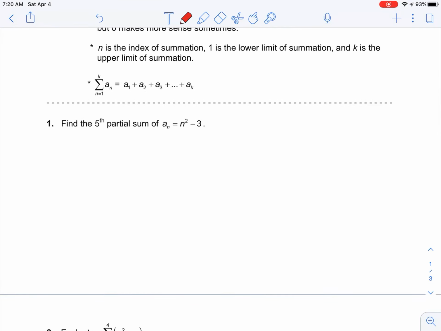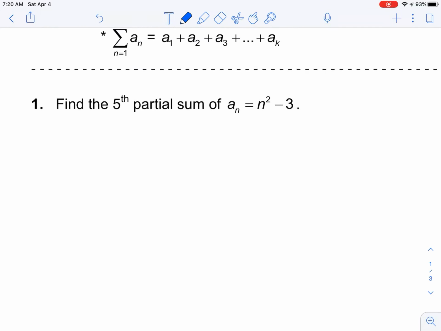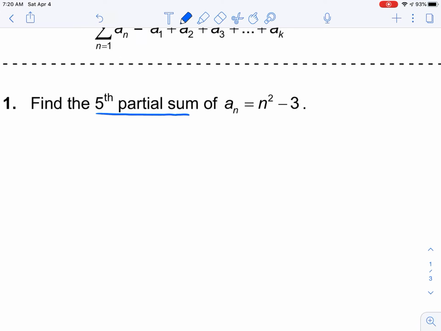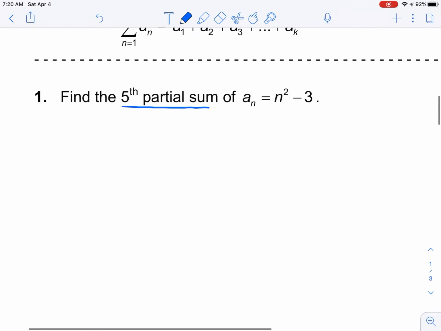All right, so let's talk about finding partial sums. This actually is very easy to do by hand. If I say find the fifth partial sum, what you're going to do is sub in 1, 2, 3, 4, 5, and then add up all of those different terms that you get. So a sub 1 is equal to 1 squared minus 3.